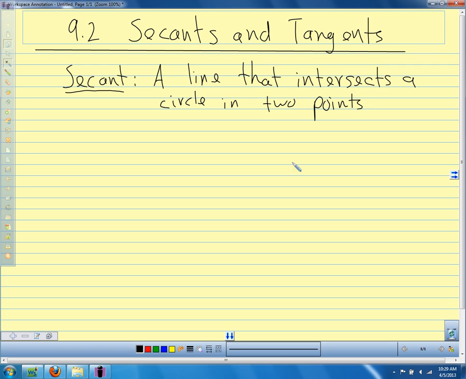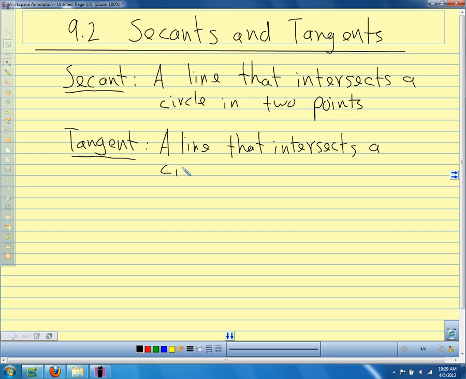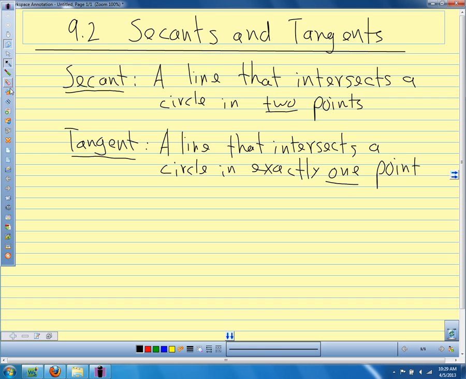So that's one of the lines we're going to be talking about, the line that goes across the circle twice. And a tangent is a line that intersects a circle in exactly one point. So a secant goes through the circle twice, a tangent just touches it once.